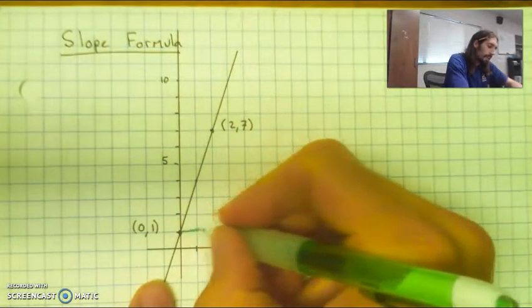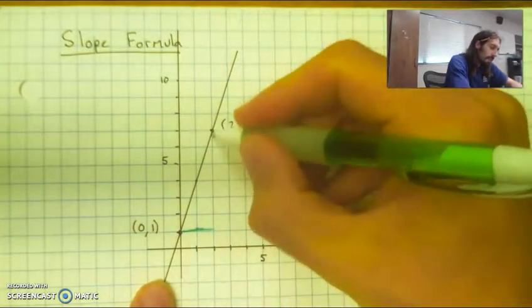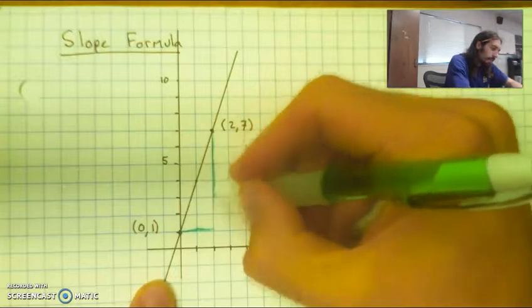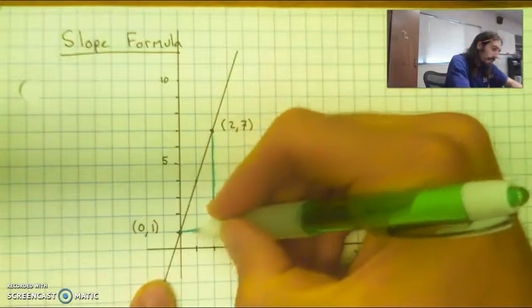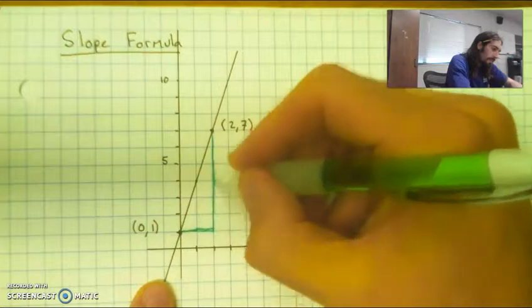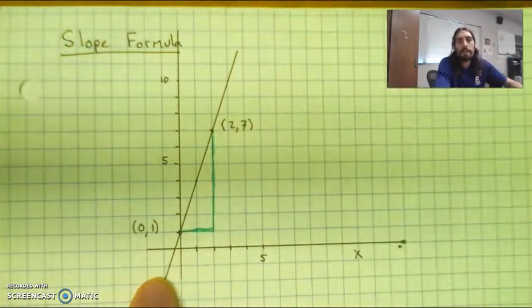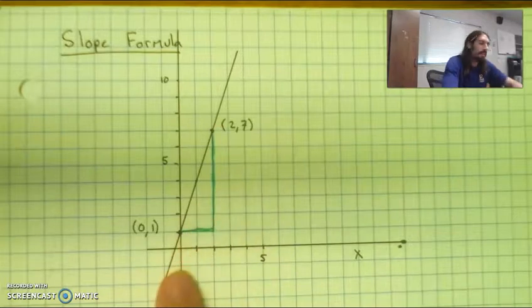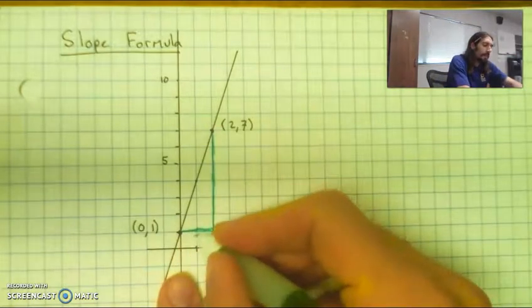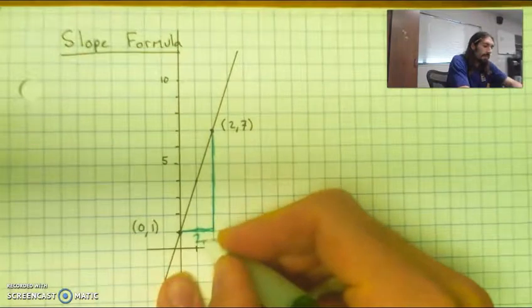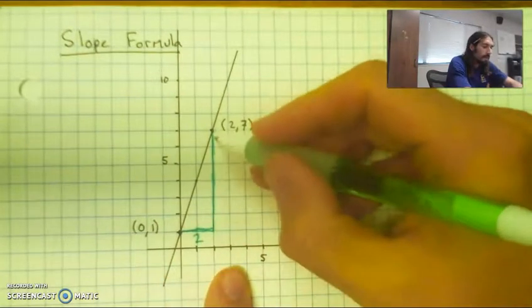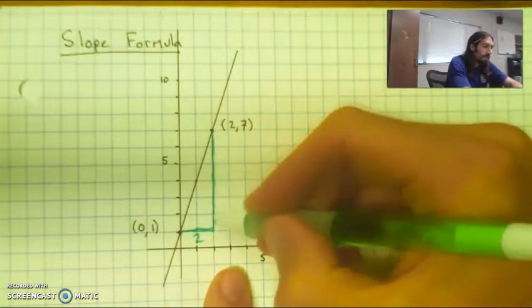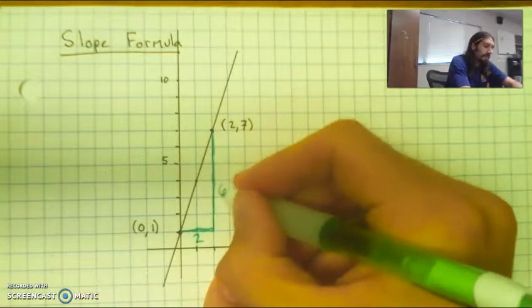we can draw in that slope triangle, right, where we connect two nice points, and then from that triangle we can then count the difference on both sides. So we would see that on the bottom right here we would have a 2, and then going up and down 1, 2, 3, 4, 5, 6 would be a 6.